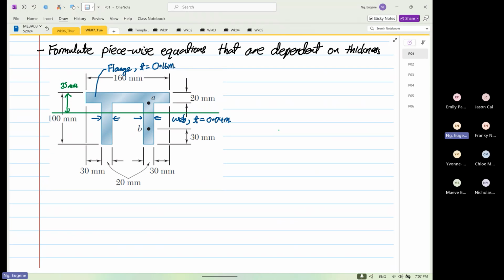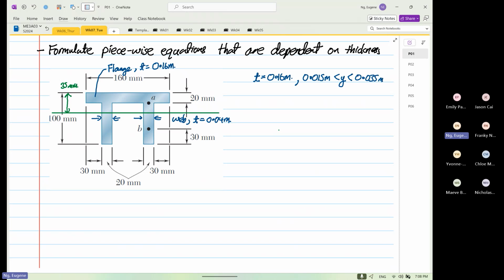So our piecewise equation is partitioned by the thickness of the cross section. Let me show you what I mean. If we consider thickness equal to 0.16 meters, then the limits of our equation are from 0.015 meters, y, up to 0.035 meters.